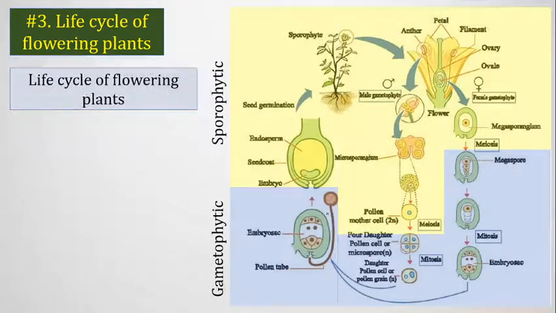And now we will discuss the life cycle of a flowering plant, that is also called the alternation of generation in a plant. We can divide the life cycle of a flowering plant into two phases. One phase is called the gametophytic stage, the haploid state of a plant. And when the two gametes fuse together, it starts the sporophytic phase or diploid phase.